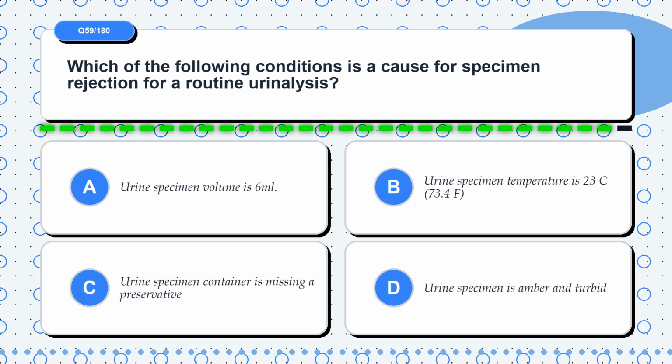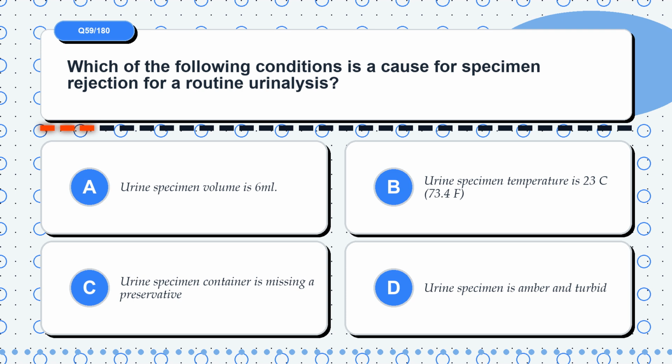Question 59. Which of the following conditions is a cause for specimen rejection for a routine urinalysis? Here are the options. Option A, urine specimen volume is 6 ml. Option B, urine specimen temperature is 23 C, 73.4 F. Option C, urine specimen container is missing a preservative.